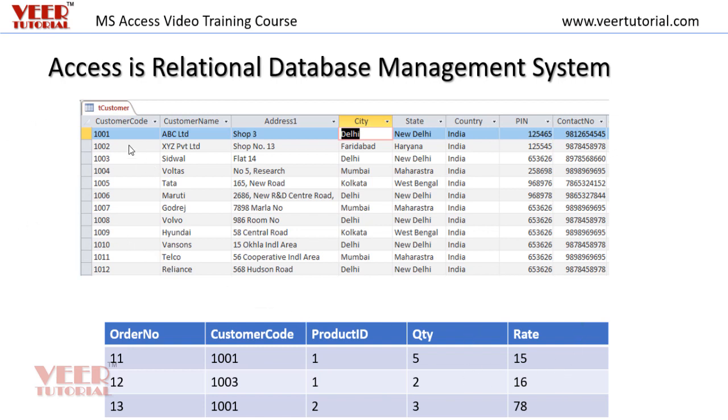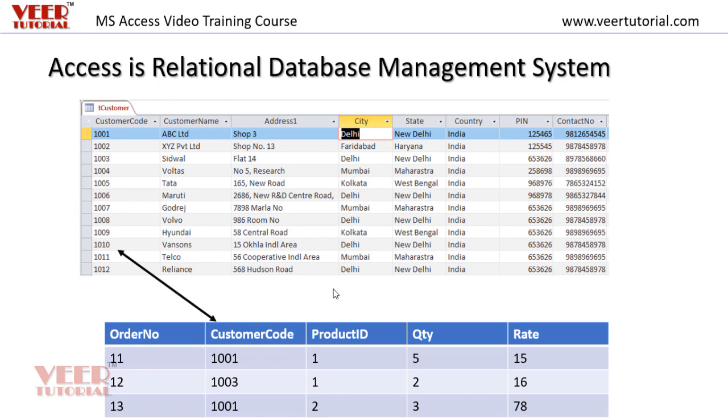Here we will connect the customer table with the order table using the customer code. So in an order related to customer code 1001, there is no need to mention the customer name, address, city, state, country, PIN, or any detail available in the customer table. We can just retrieve it using the relation.